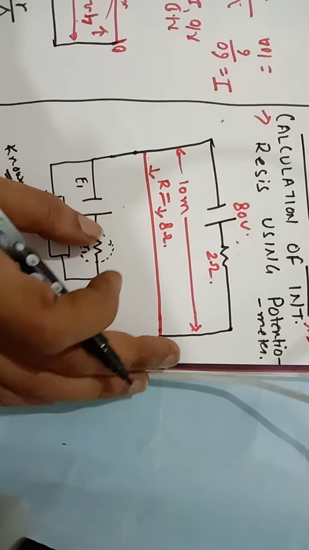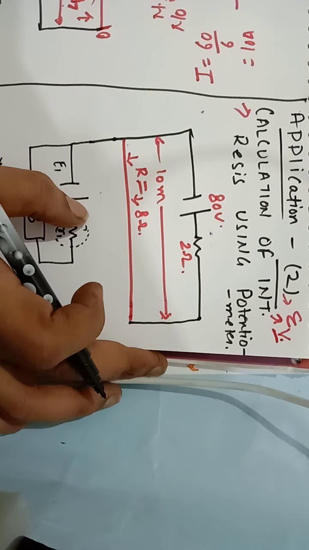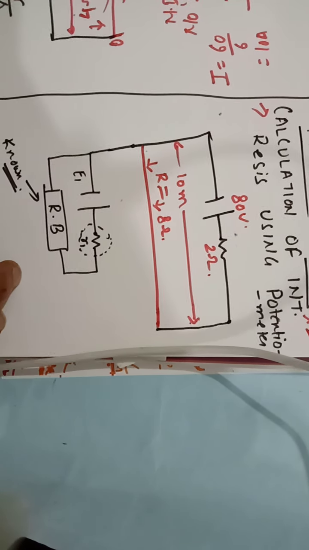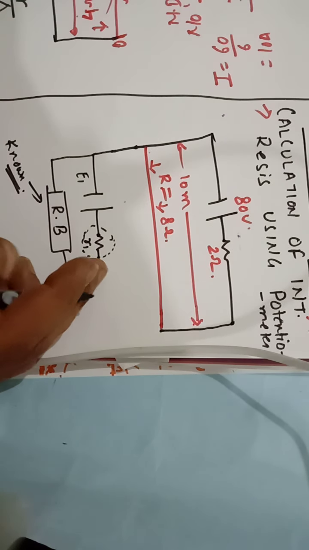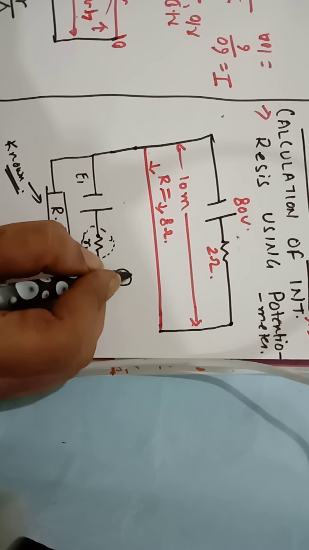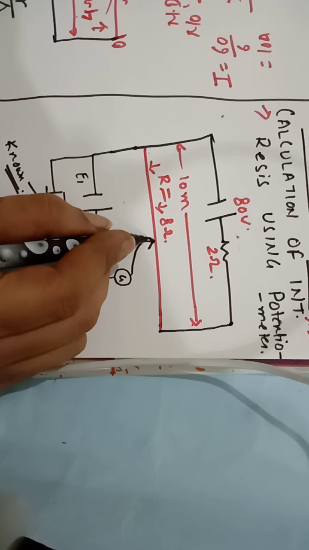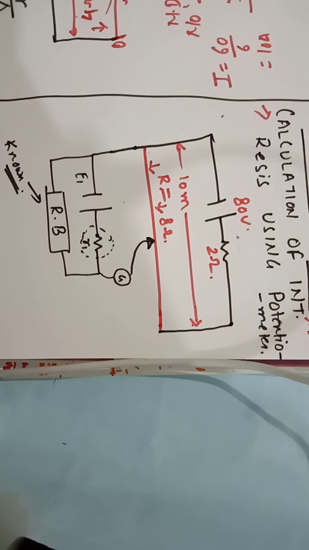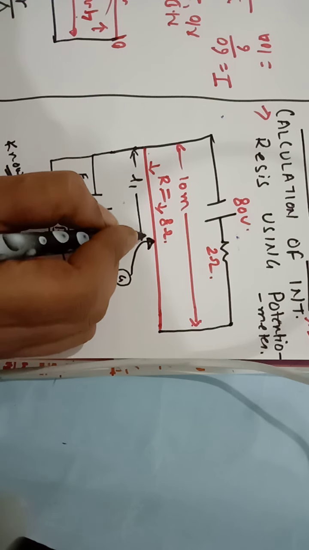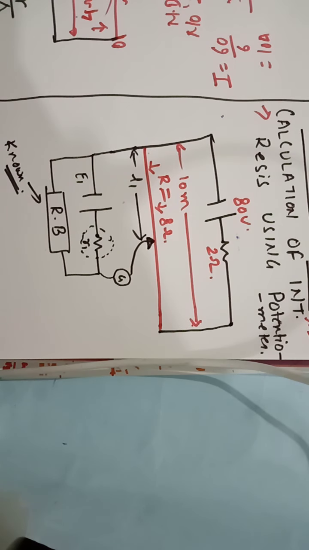So now same procedure, but what we now have to calculate is this R, right? Suppose this galvanometer is connected to this, and here it is showing null deflection at length L1.